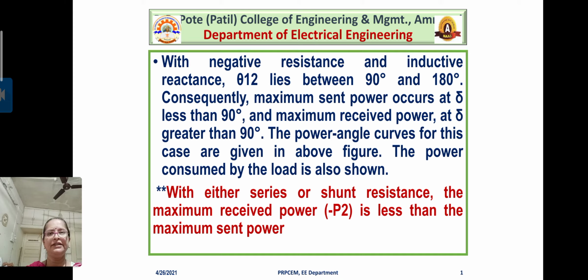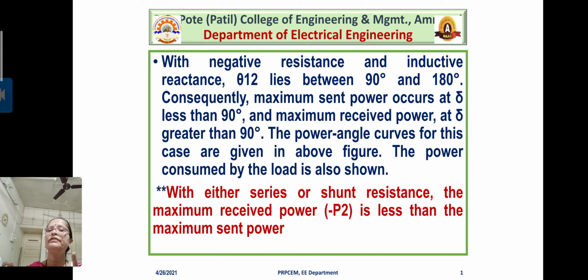Because of the shunt resistance, that is the negative resistance and the inductive reactance, theta 12 lies between 90 degree and 180 degree. Consequently, maximum sent power occurs at delta less than 90 degree, that is delta M1.